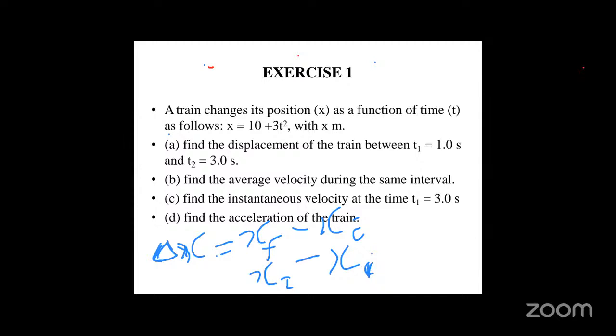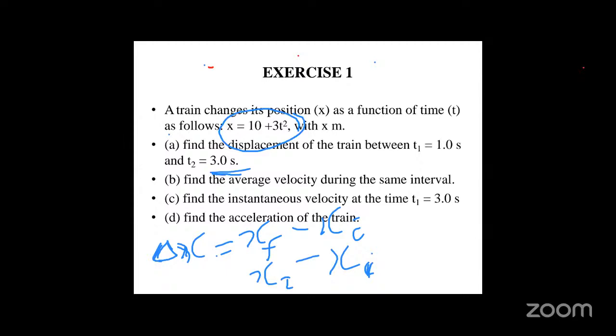So let's substitute to get what X1 is. X2 means we are going to substitute time 2, which is 3 seconds, into this X equation. Wherever we have a T, we replace it with 3.